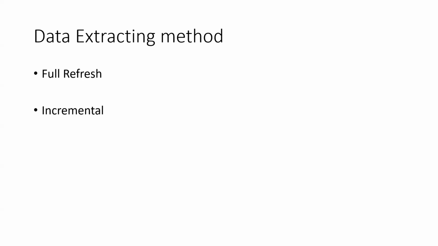Maybe a particular ETL tool can process 1,000 records per minute or 1,000 records per second. In this scenario, to process 5 million records will take lots of time. So this kind of performance issue will be there if we do a full refresh on a daily basis.